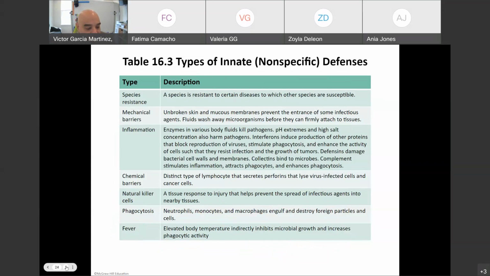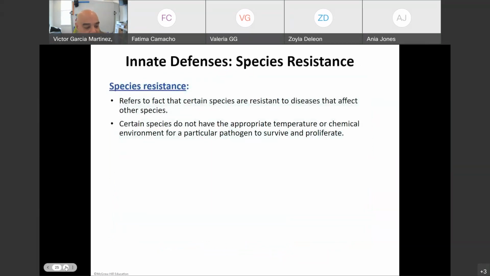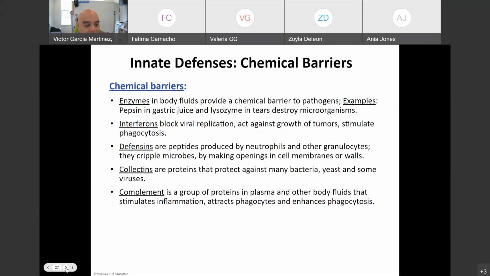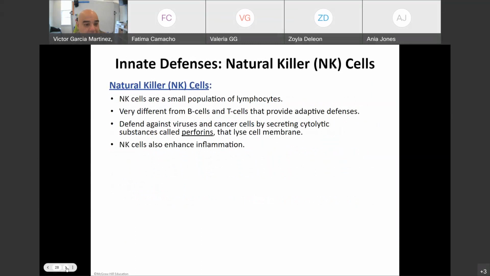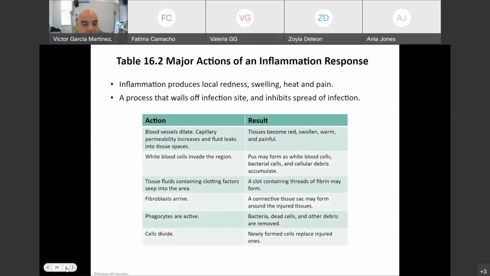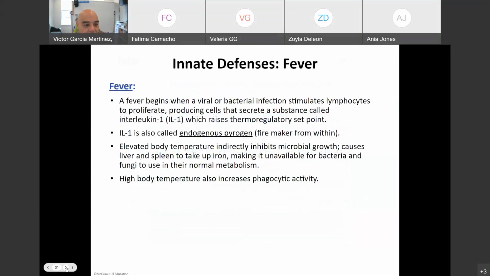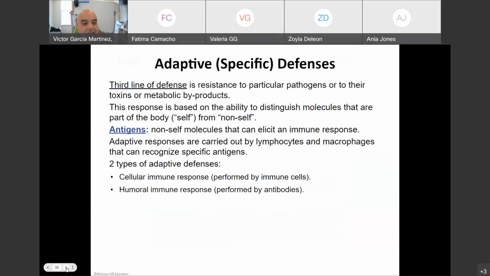Then we have, guys, species resistance, mechanical barriers. It's going to be our skin, and we have chemical barriers such as we have in our secretions, natural killer cells, inflammation, phagocytosis, fever.